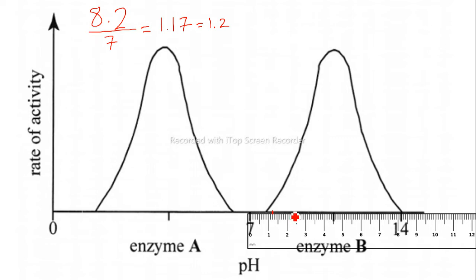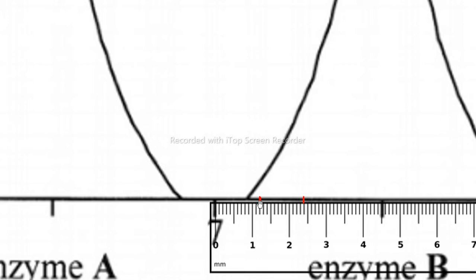So 2.4 is supposed to be right before 2.5. So that's right there. Good. Y'all see that? Yeah, because it's right before 5.